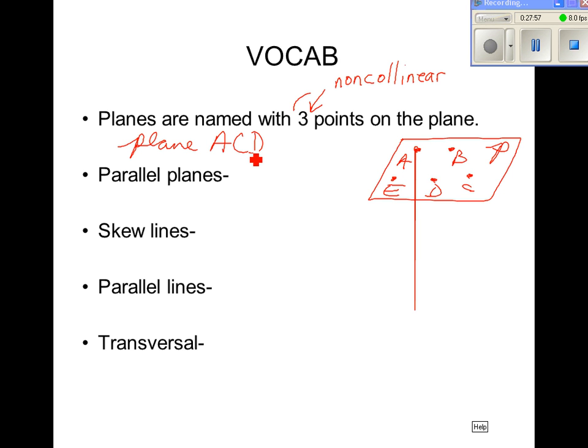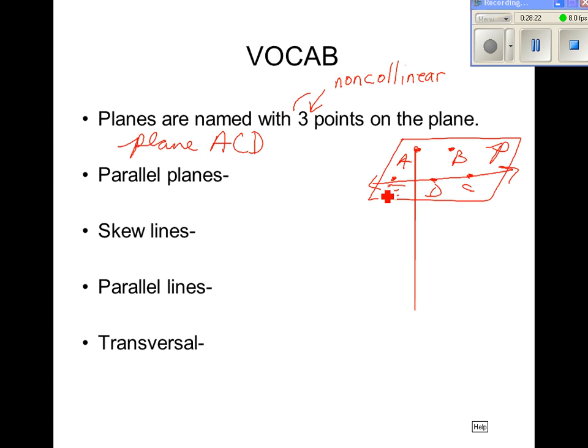Now, why did I put non-collinear in here? If these 3 points right here, even though they don't look like it, if E, D and C all lay on one line, is that the only plane that would contain that line? No, there's some other plane that comes right through here.